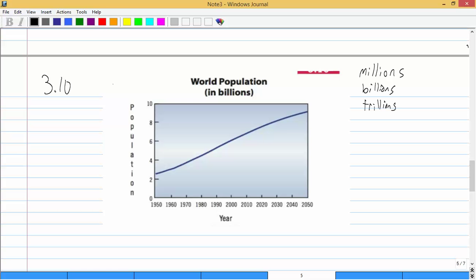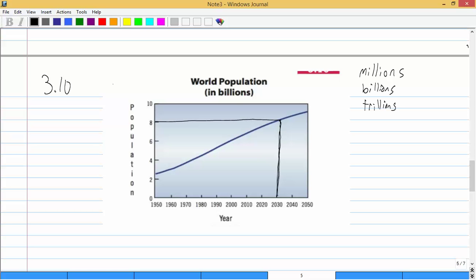Especially when you start talking about people in billions. I mean, it's just unbelievable how many people there are in the world. But you can see, according to this chart, you could figure out about how many people there were going to be, say, in 2030. It looks like probably about 8 billion people.